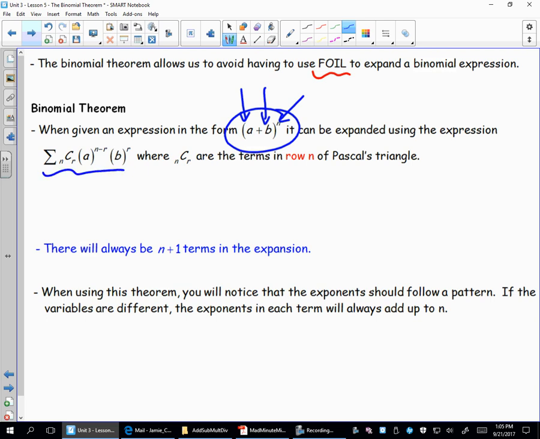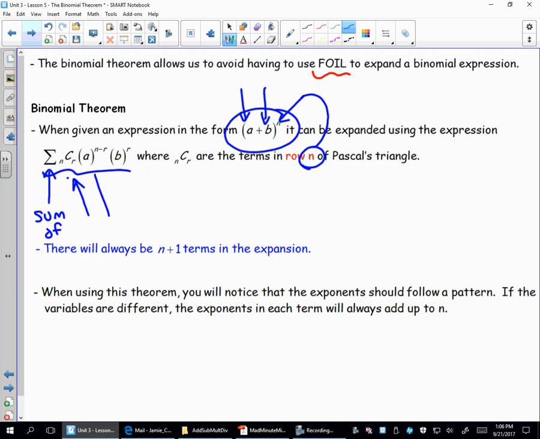That's this formula right here. The formula means I have to add up. This is the sum of, we're going to add the terms of Pascal's triangle from row n. N is your exponent. That's how I know which coefficients to use.